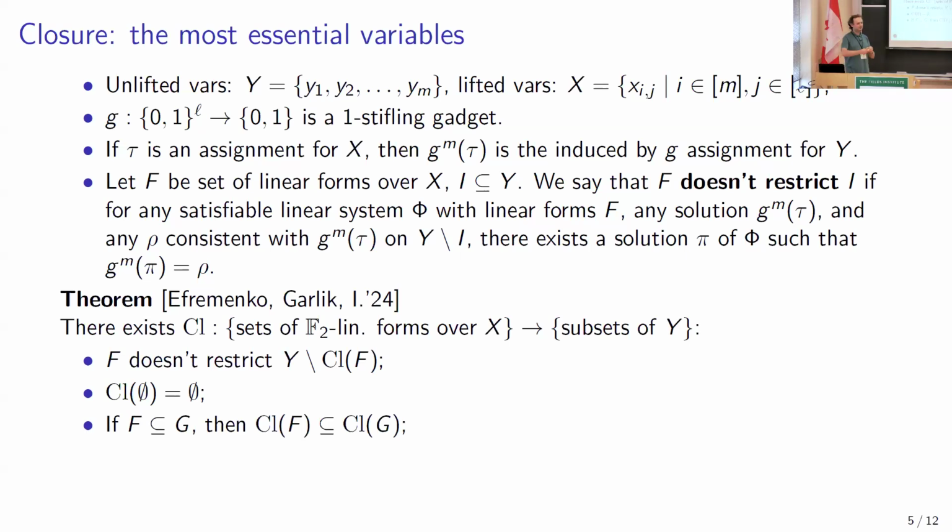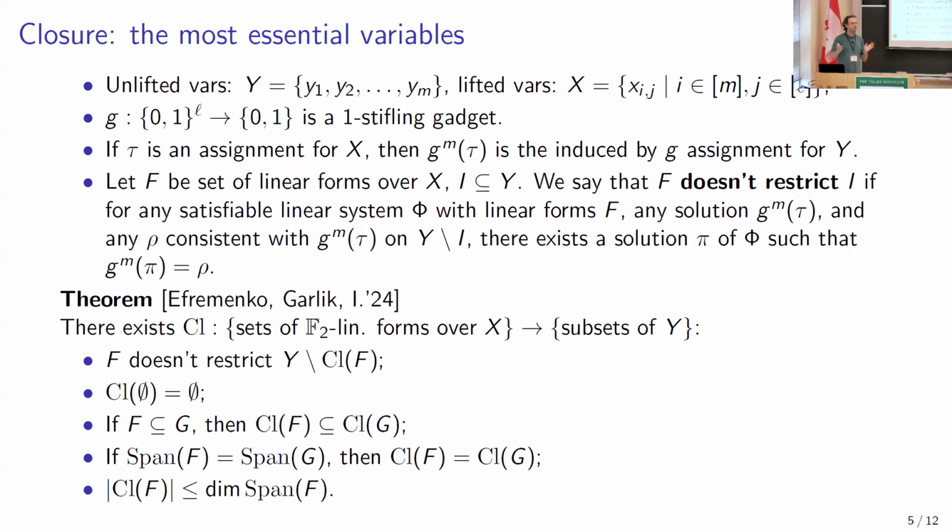If we increase the set of linear forms, the number of important variables may only increase. And if F and G have the same span, then they also have the same set of important variables. And the last, we can bound the size of the closure. It is at most the dimension of the span of F.